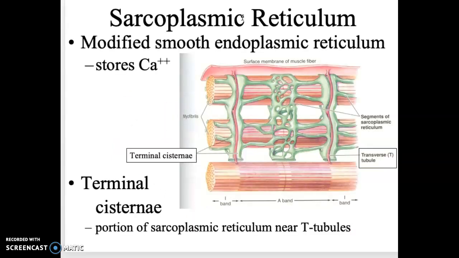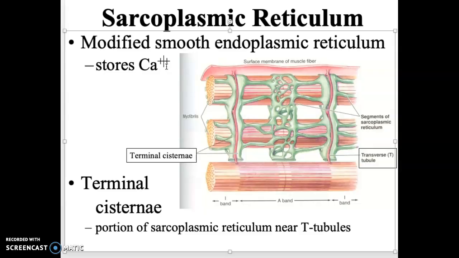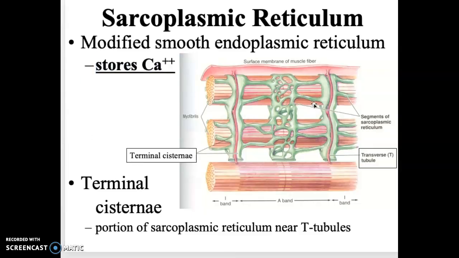Sarcoplasmic reticulum, this one's really, really important. This is kind of like endoplasmic reticulum. It stores calcium, which I guarantee will be an exam question. Once the nerves tell the sarcoplasmic reticulum to release its calcium, that is what will trigger muscle contraction, and we'll go through each of those steps.